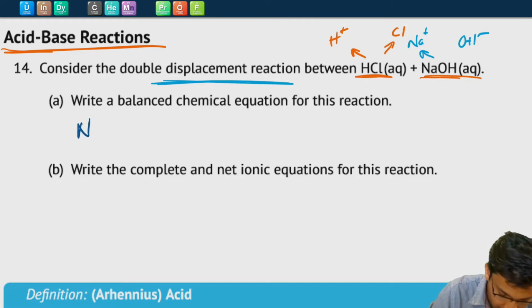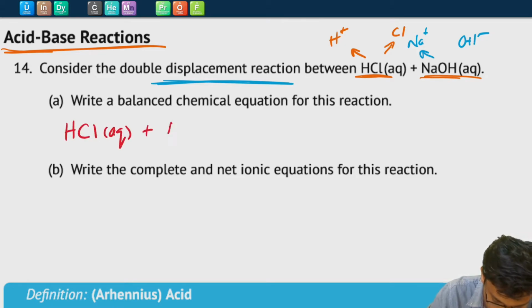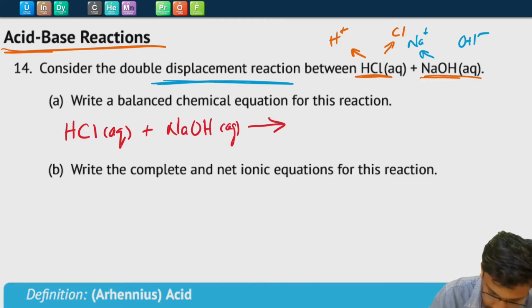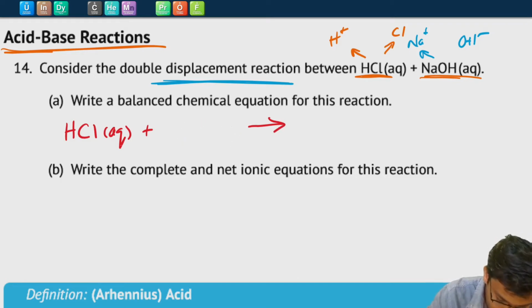So before we write the products, let's write the reactants. So we have HCl aqueous plus NaOH aqueous reacting. And just because these are two different things, I want to use two different colors.